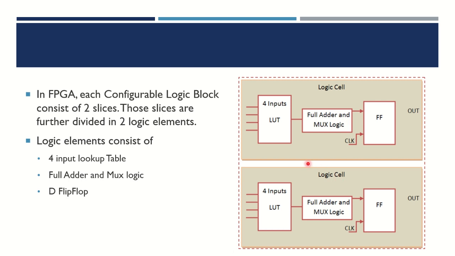Two of the function generators of the lookup table can generate any function of four inputs, and the third function generator can generate any Boolean function of three inputs.